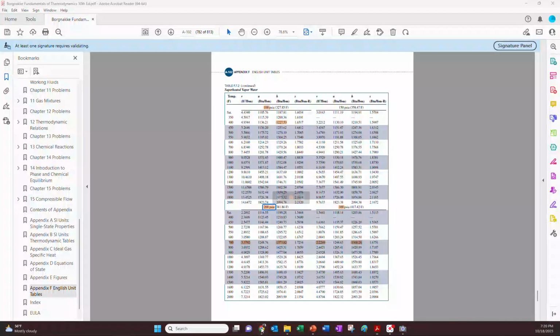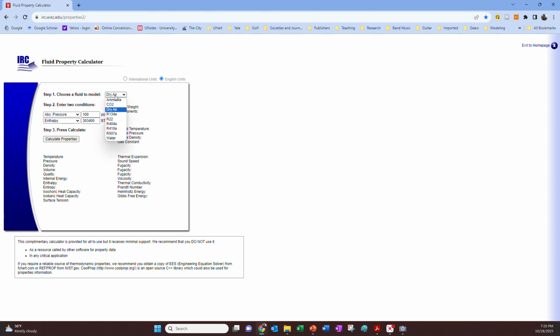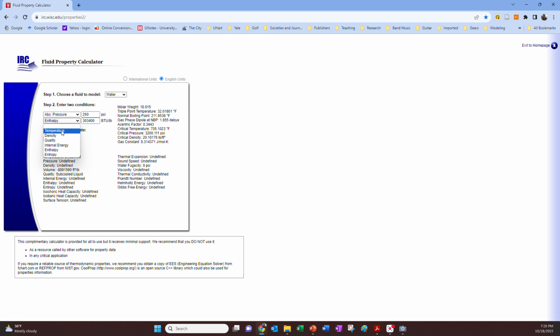We could also go to this wonderful website, which is irc.wisc.edu, and go to water and go to absolute pressure 250. I'm not 100% sure they're going to give us the same exact values, because they have changed it in the past.